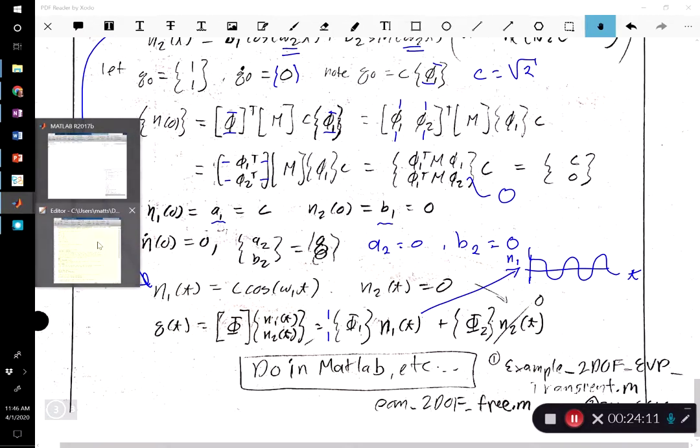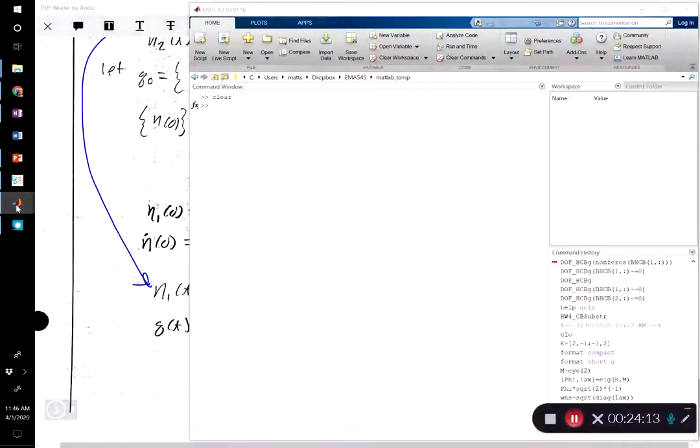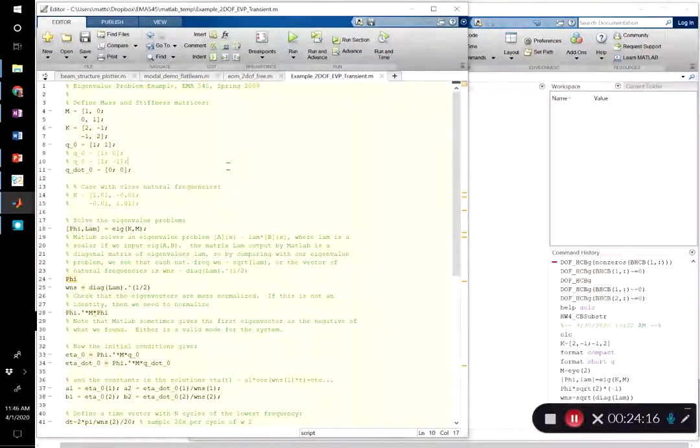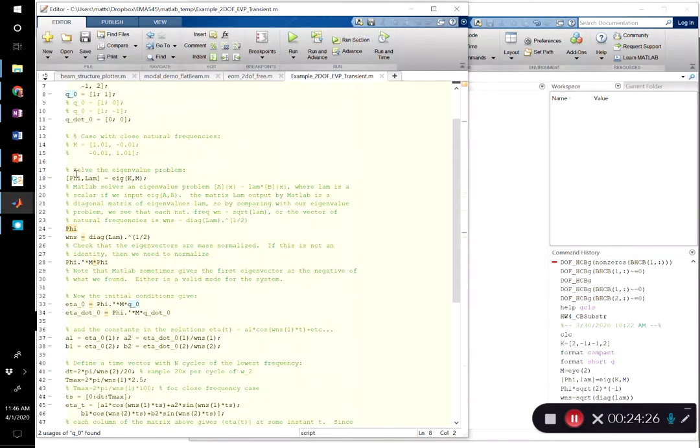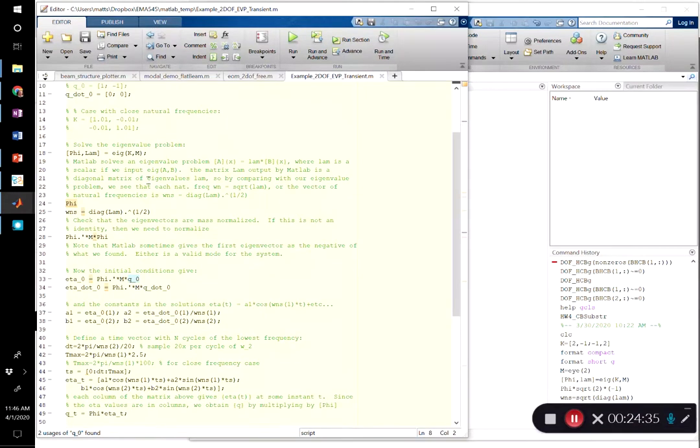Let's look at what this looks like in Matlab. Here's an example. We have our mass and stiffness matrices. We have our initial conditions, Q0, Q dot at time 0. And in Matlab, to solve the eigenvalue problem, we just type phi, and we just use eig of k and m.